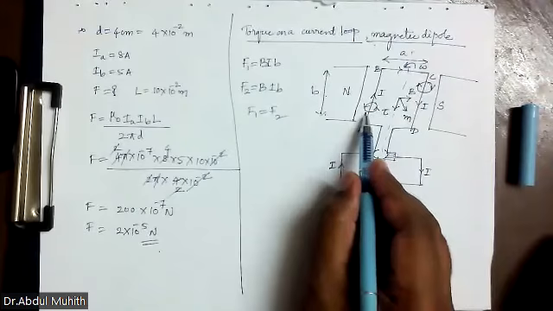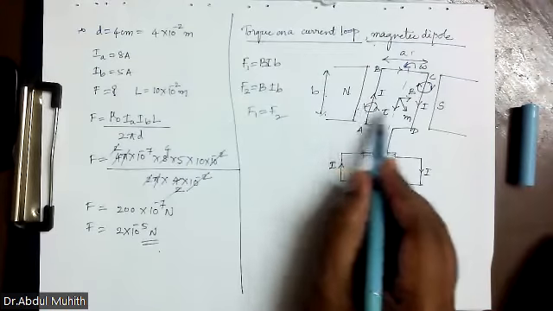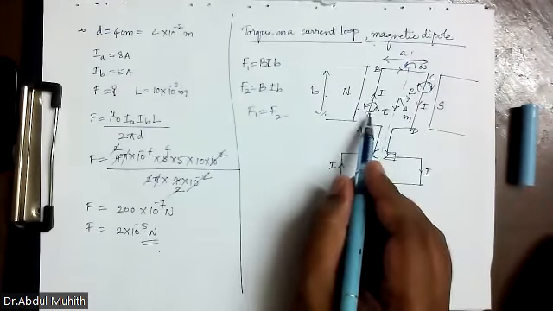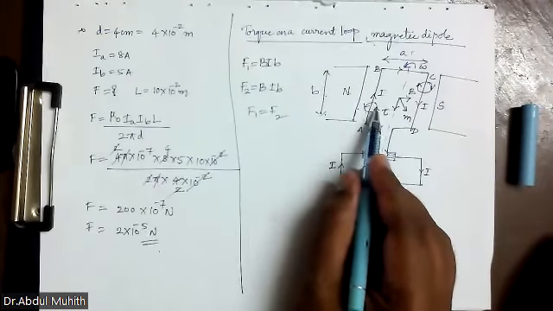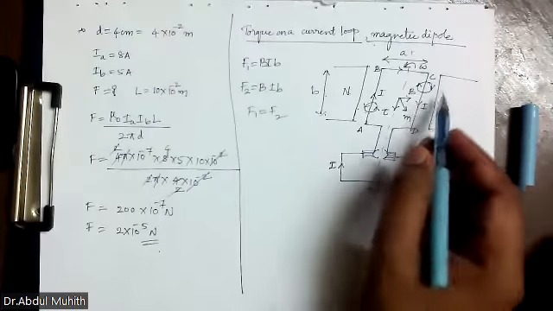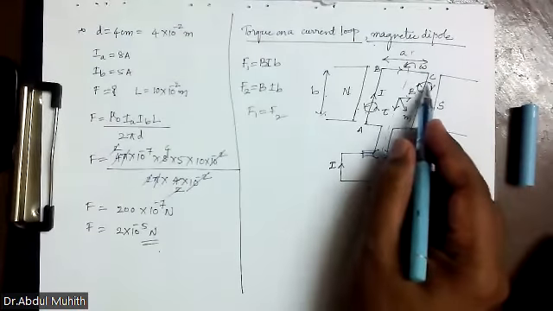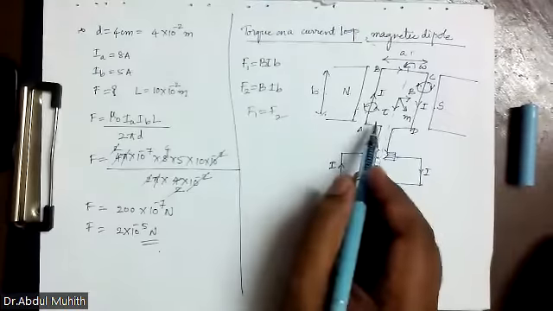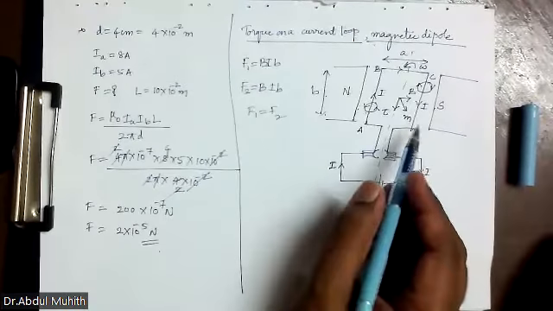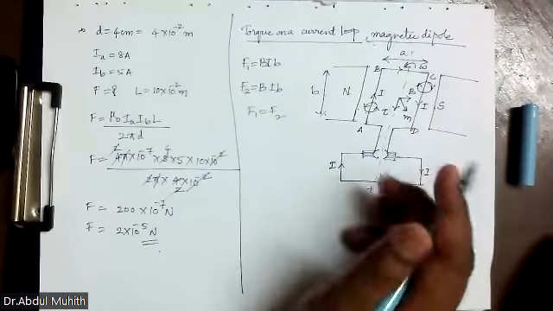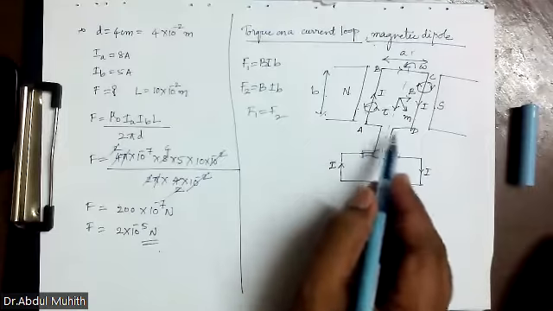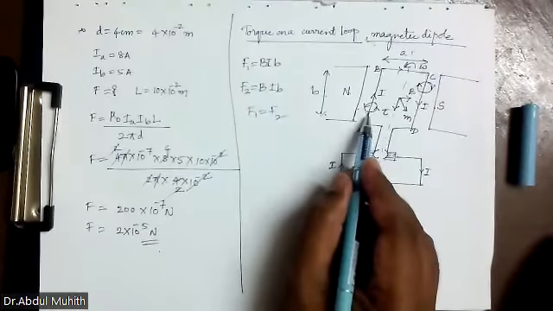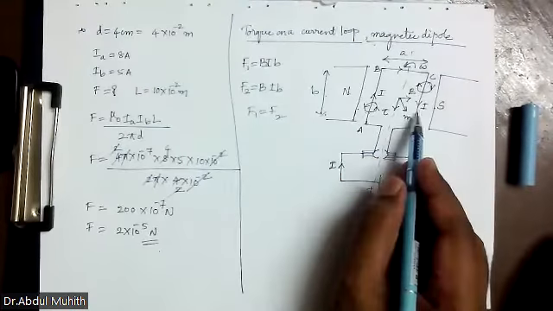So the magnetic field produced by the wire and the given magnetic field repel each other. Because the magnets are fixed, they cannot move from their place. Only the coil can rotate. So this side moves upwards and this side moves downwards.